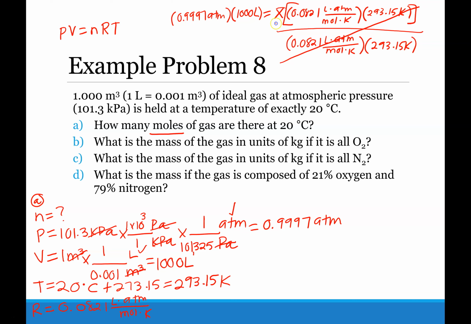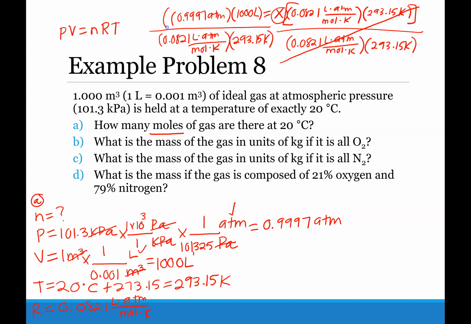X is left by itself on this side of the equal sign.